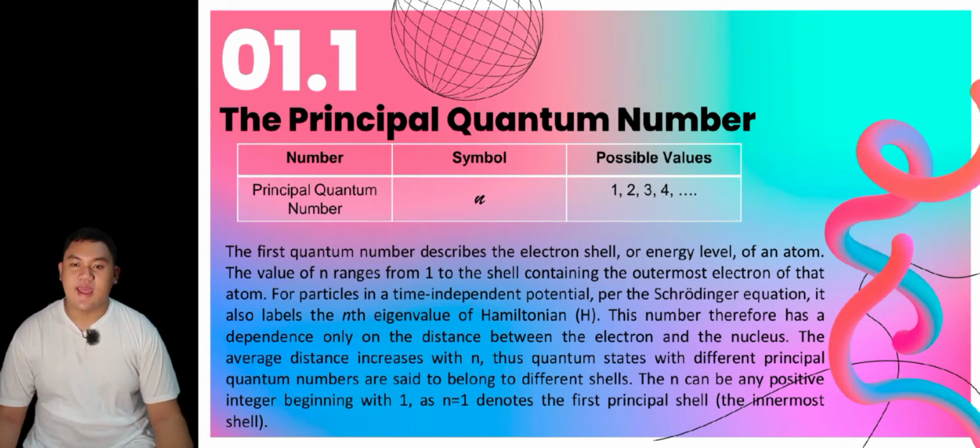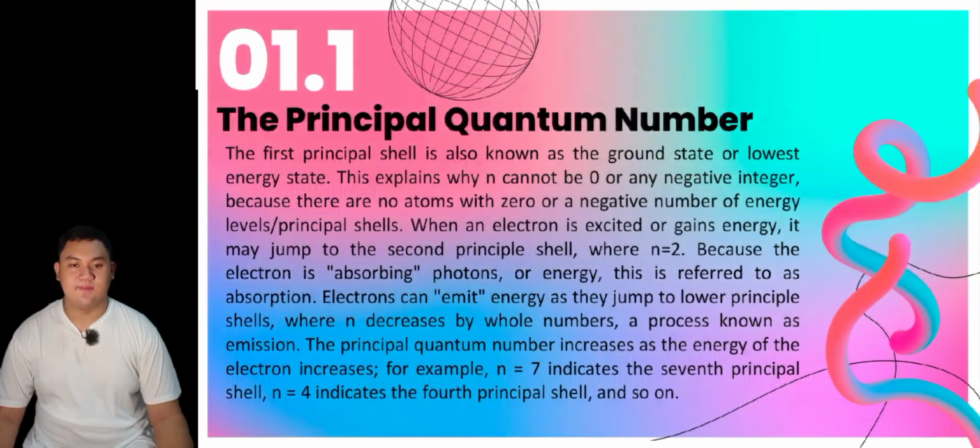This explains why n cannot be 0 or any negative integer, because there exist no atoms with 0 or a negative amount of energy levels or principal shells. When an electron is in an excited state or it gains energy, it may jump to the second principal shell, where n equals 2.